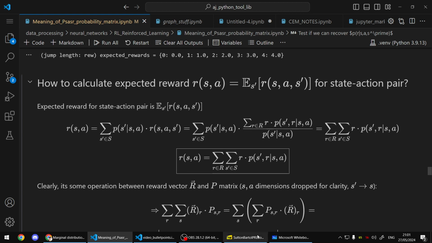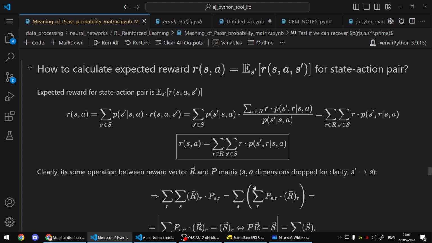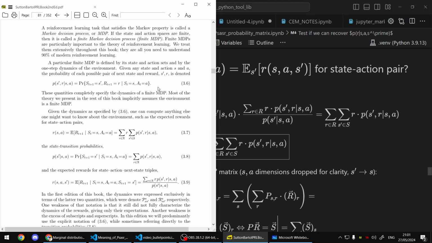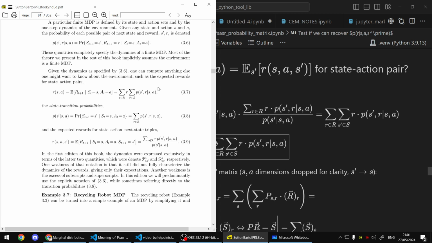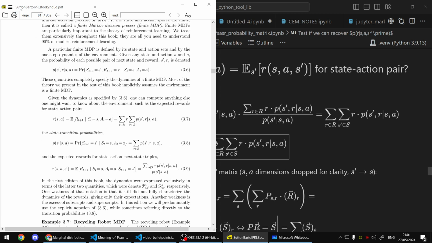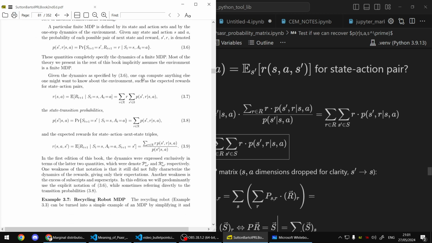Now maybe we will not go into this right now, later further. We can just examine what Sutton and Barto said. So we see the same definition of contracting over R to get the distribution of transitions.